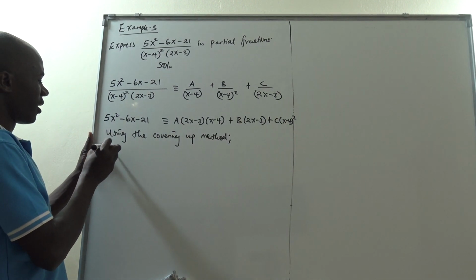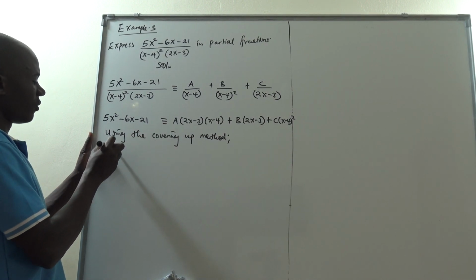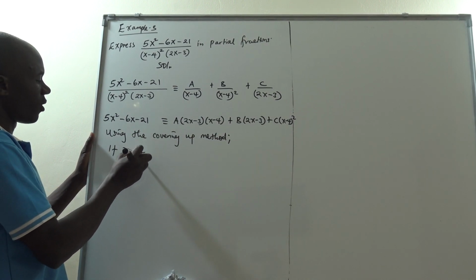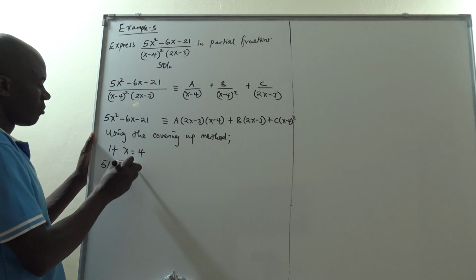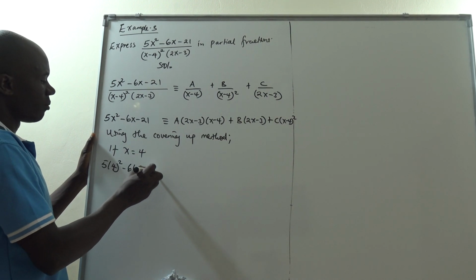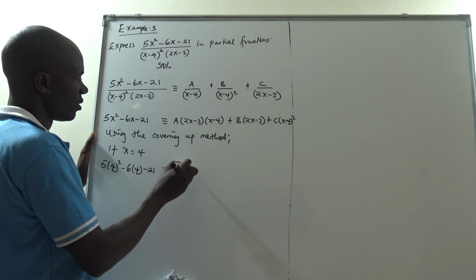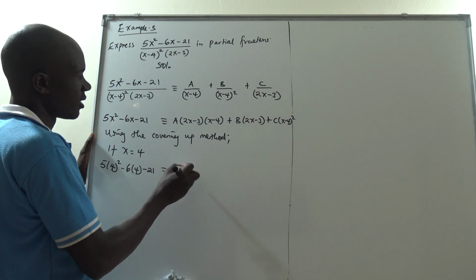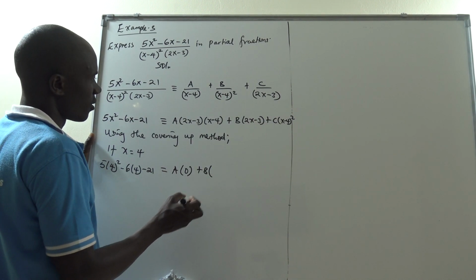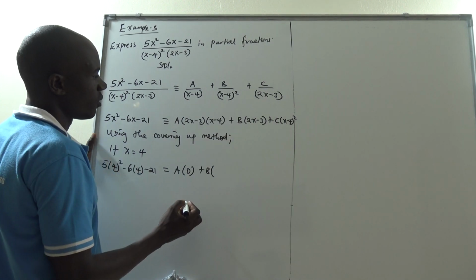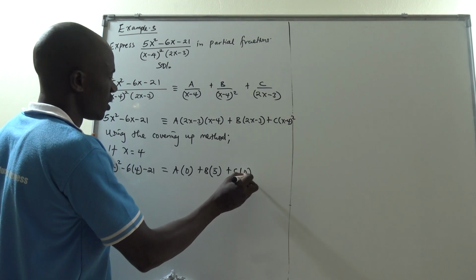we can start by saying, can we eliminate if x equals 4? We are having 5 into 4 squared minus 6 into 4 minus 21 equals A into (4 minus 4), plus B into (2 times 4, you are getting 8, minus 3, that is 5), plus C into 0.